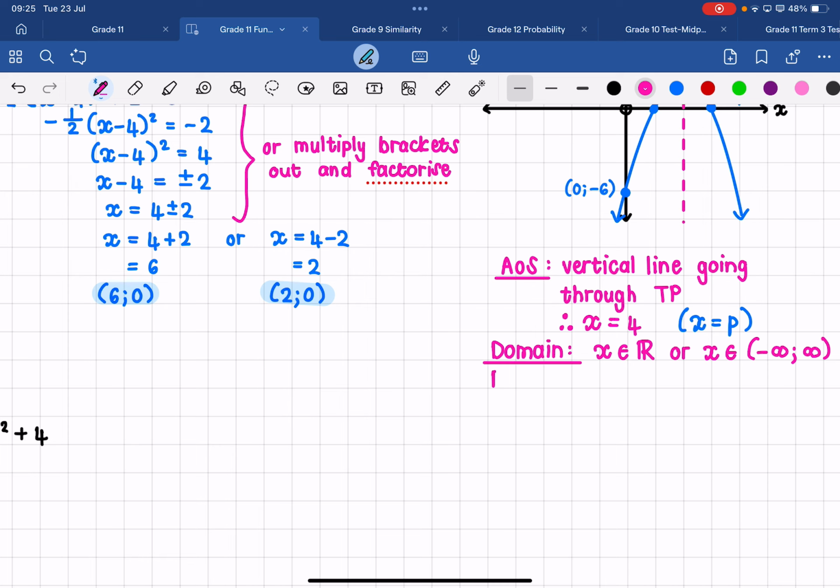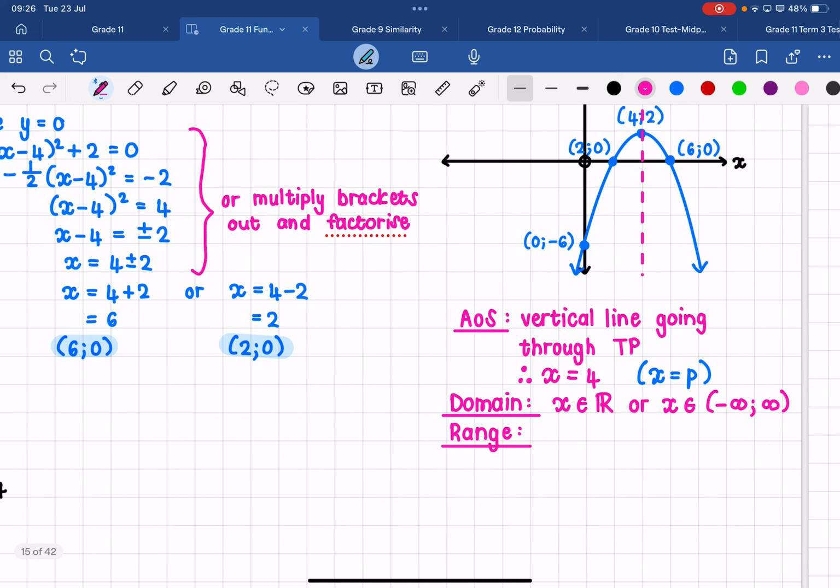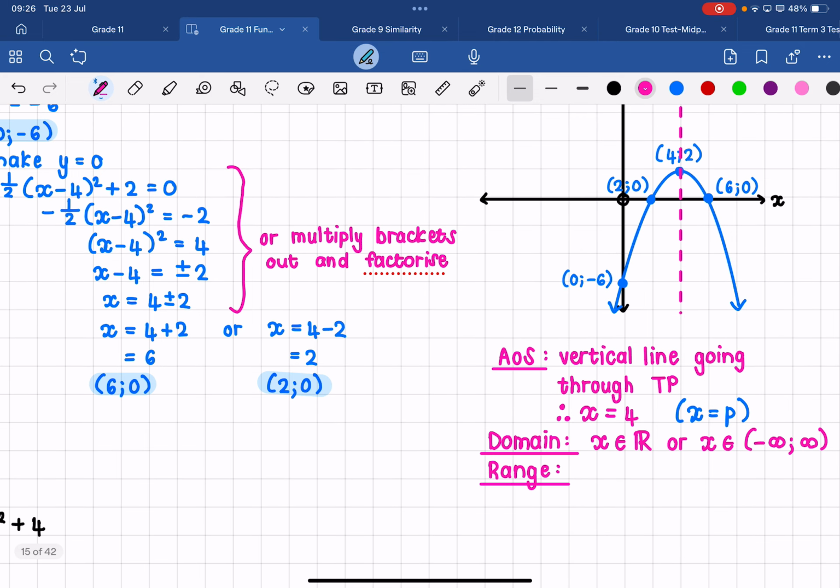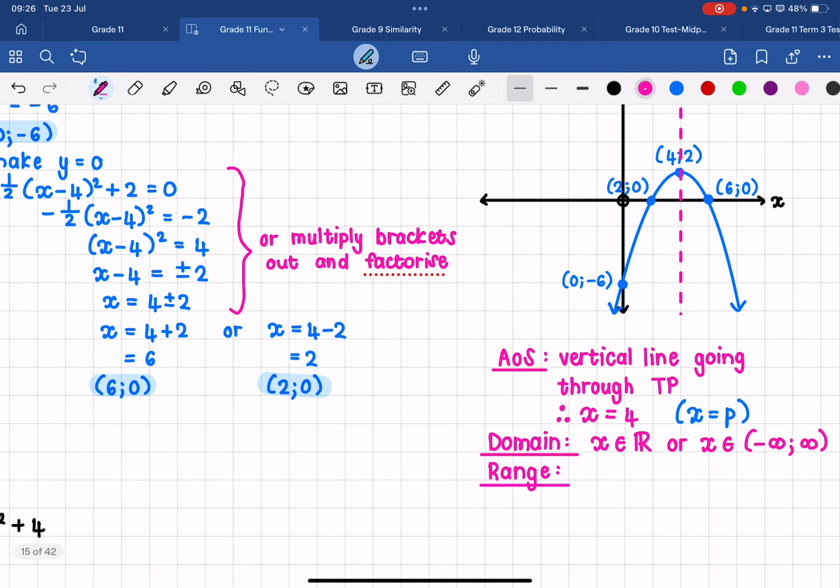Now when it comes to the range, it's slightly different. Remember, the range is the set of all y values that you can have on this graph. Now guys, if we're looking at this graph, just to yourself, just check, does this graph have a minimum y value or does it have a maximum y value?